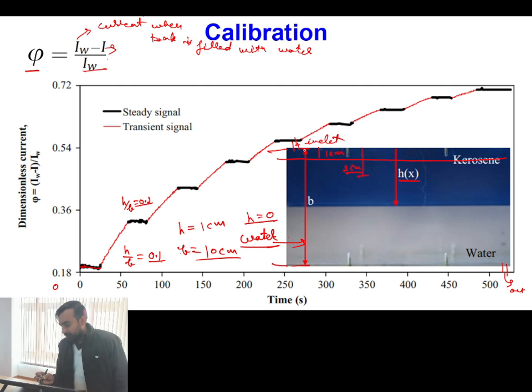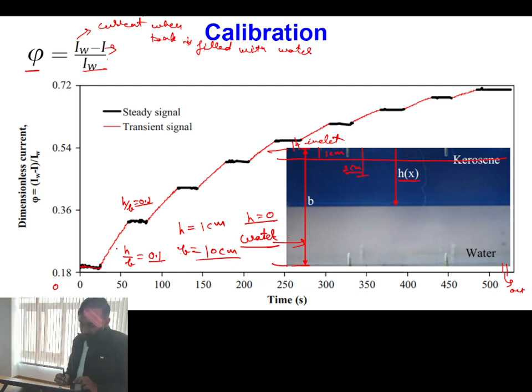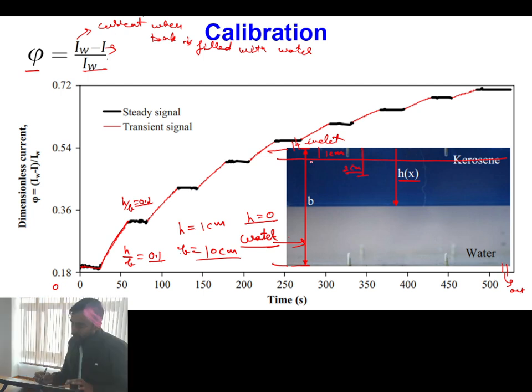Once you opened the outlet valve, water started draining and its place was taken by the kerosene. This is the change when both the valves were open. Your interface was moving in the downward direction. And once you reached the value close to 2 centimeter, you again stopped both the valves.